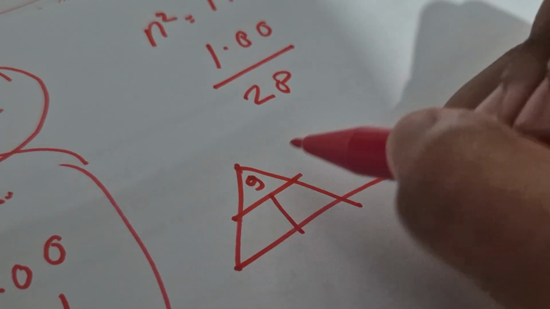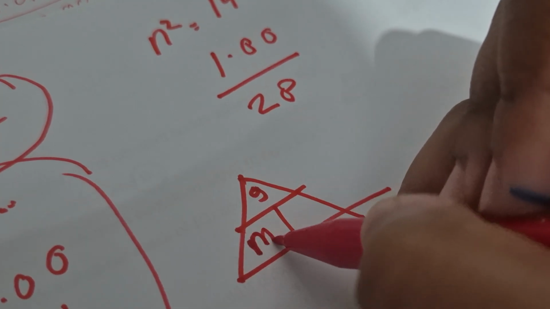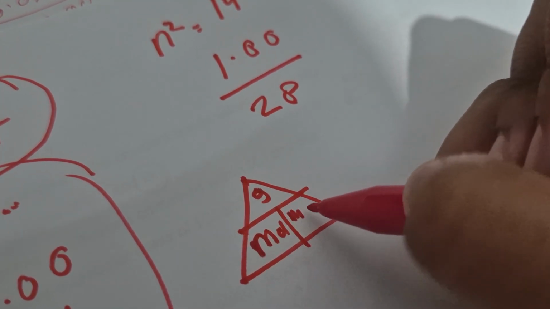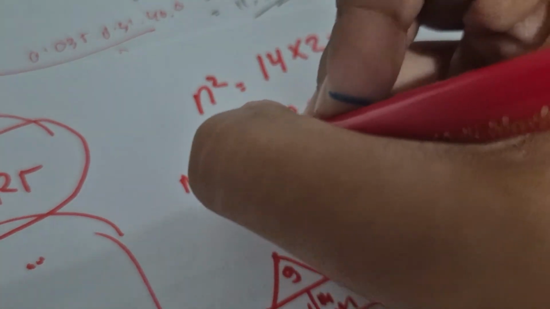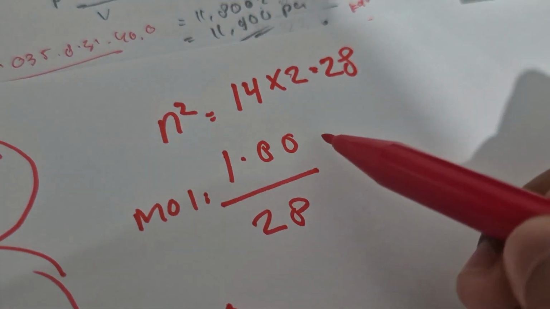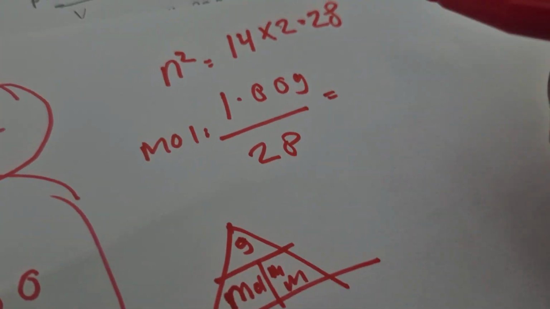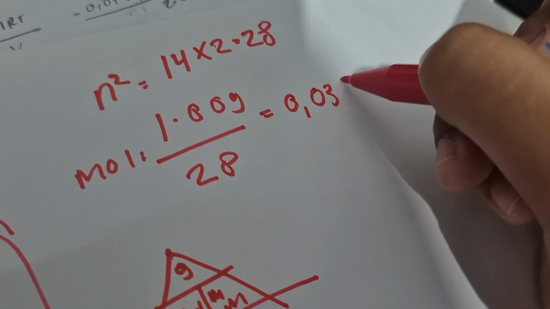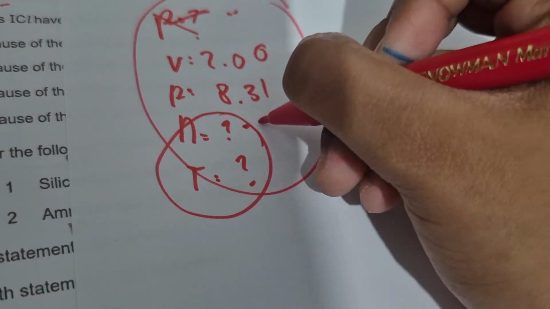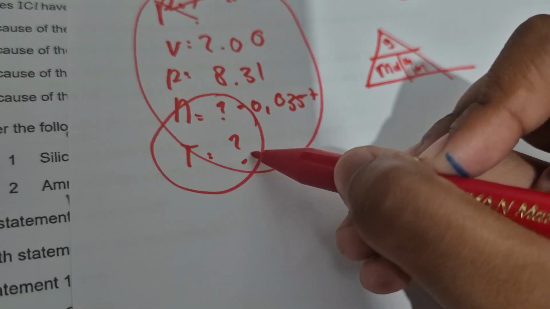Gram, this one is mole, this one is molar mass. So that's why we're gonna search for mole. So it's gram, and the 28 is the molar mass. So the answer equals 0.0357. And now we found this is 0.0357.